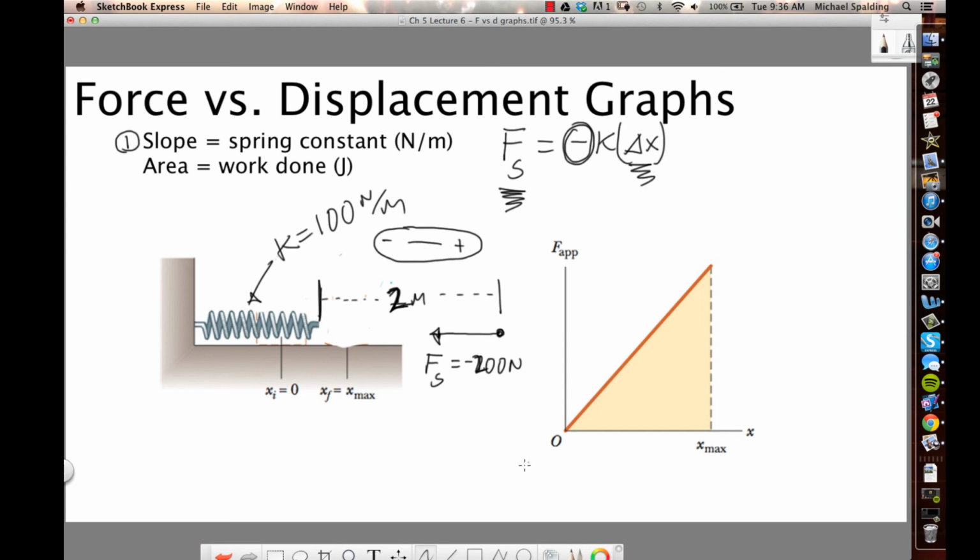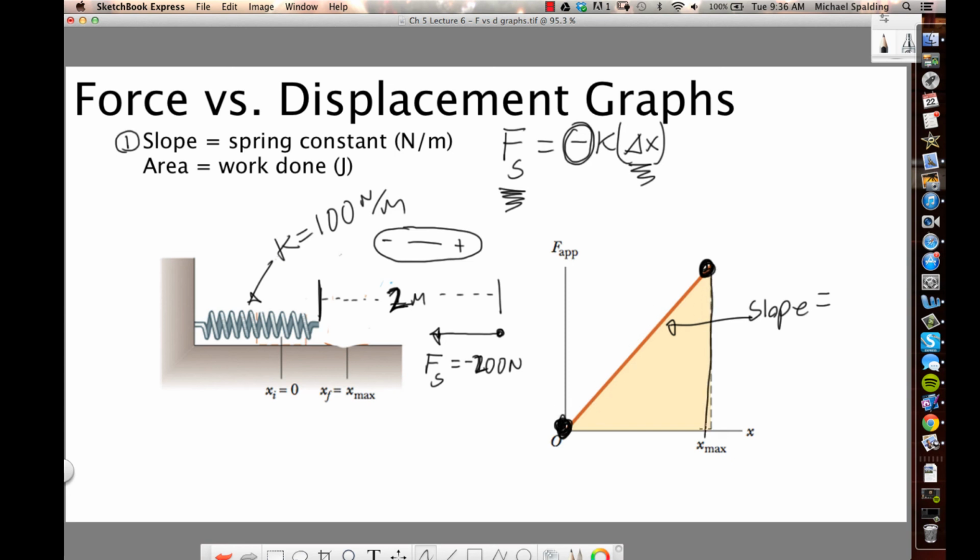So check it out. If you're given a graph like this for a spring, you can figure out the spring constant. Because what's the slope going to be? If you calculate the slope, slope is rise over run. So pick 2 points on this graph, and pick the other one as 0. That makes it nice.